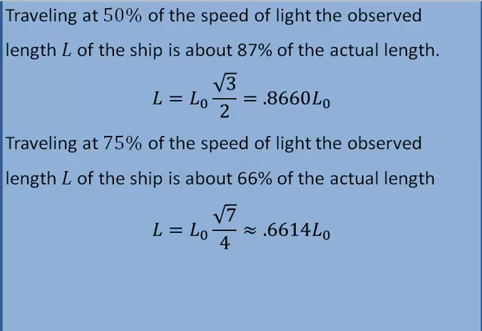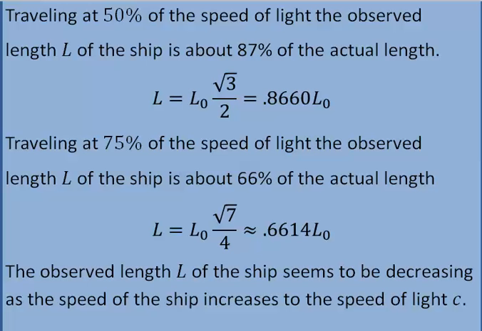Traveling at 75%, the observed length of the ship is about 66%. So 50% gives us 87% of the actual length. Increase it up to 75% of the speed of light, and the length of the ship decreases. I'm sorry, the observed length, not the actual length. That stays the same.